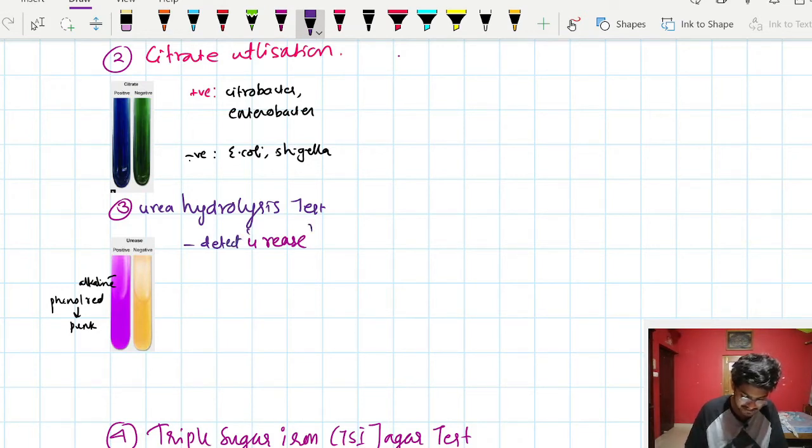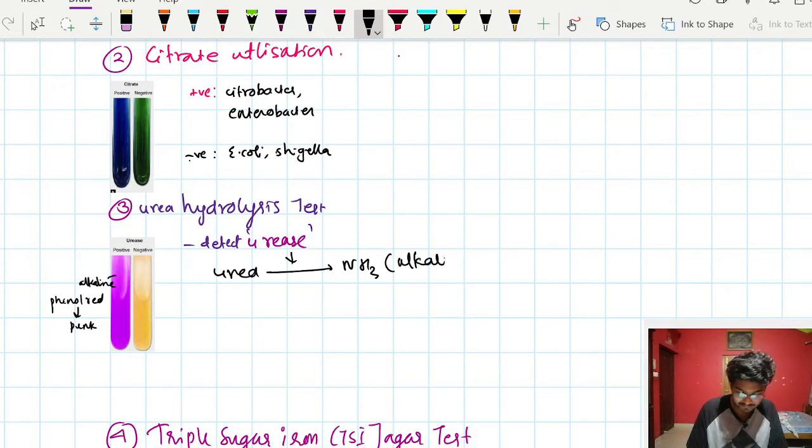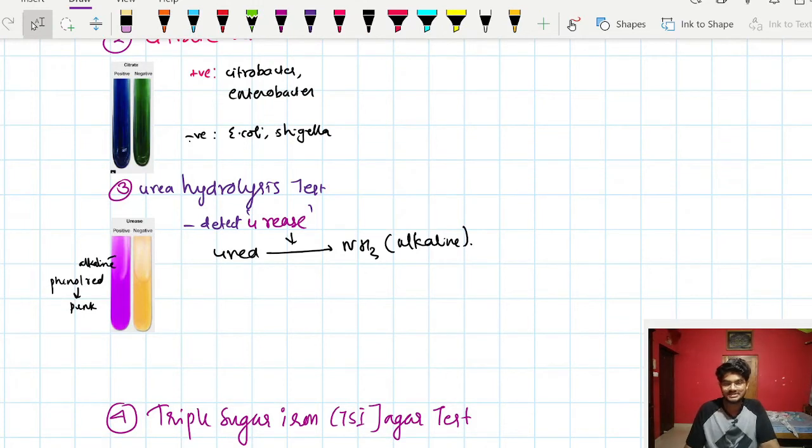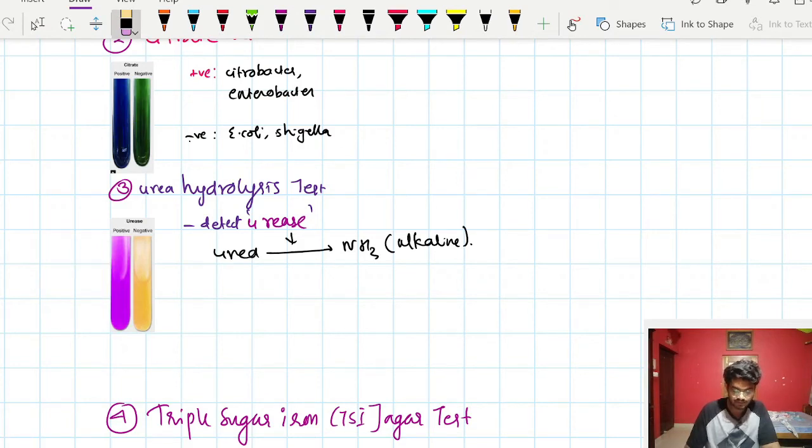If urease is present, urea will be converted into ammonia. Ammonia, we already know, is alkaline. There will be an indicator, generally phenol red. Phenol red in the presence of alkali will turn pink in color.